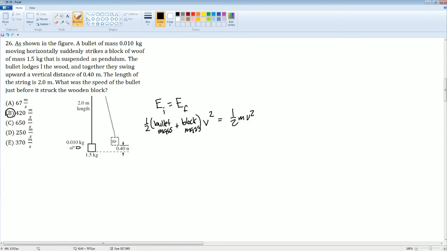This 1/2 thing goes away, because it's all going to go swinging up, so it's all going to become mgh, but the m is bullet mass plus block mass. This is the total mass, so it's going to be times g times height, which here is 0.40. Here you can solve for v. All right, so that's how you would do it.